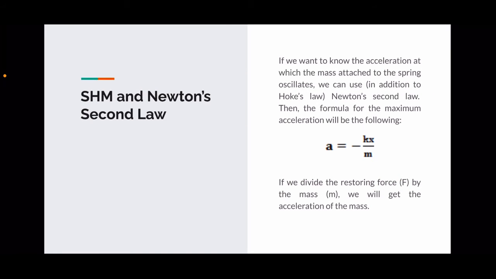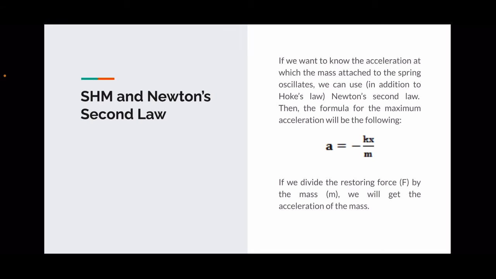The simple harmonic motion and Newton's second law. When we want to know the acceleration of a mass attached to a spring that oscillates, we can use Newton's second law because we know how it works. So it has a formula that is a equals minus k multiplied by x over m.